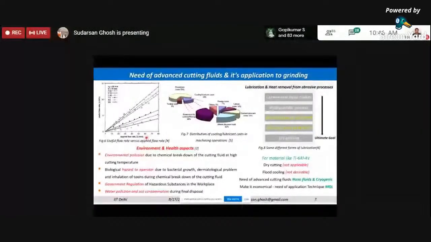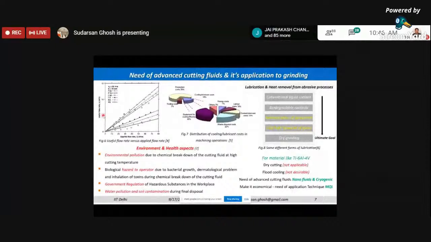A major portion of this cutting fluid is not helpful in actually removing the heat. The useful flow means the amount of fluid which is actually involved in taking away the heat, which is our desirable goal.